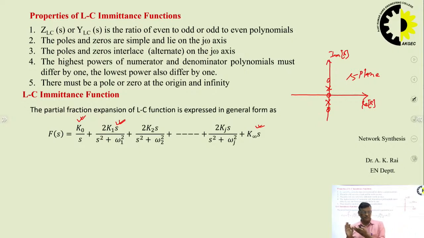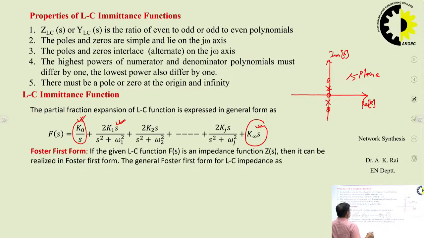So out of 4 methods we discussed in the last class, in LC immitance we use only 3, not the 4th one, that is the removal of constant. So this corresponds to removal of pole at origin, this corresponds to removal of pole at infinity, and these are the removal of conjugate imaginary poles.